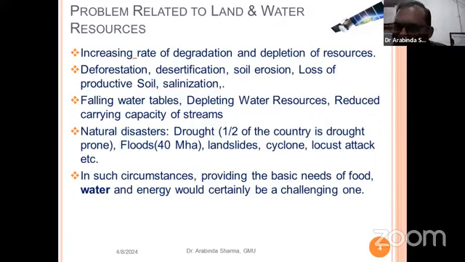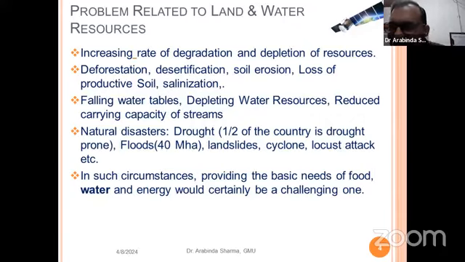Then the carrying capacity of streams: we are manipulating the discharge and the course of our rivers through different activities. Through some kind of development, we are encroaching on the floodplain area of rivers and streams. We are dumping solid waste along the banks of rivers.